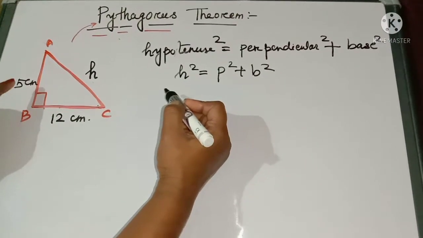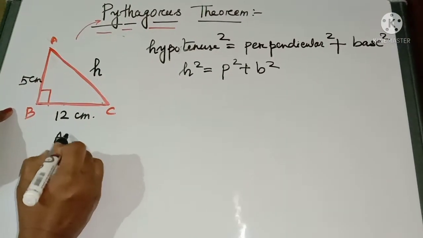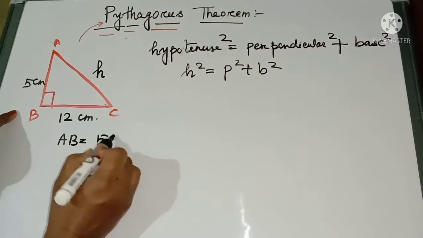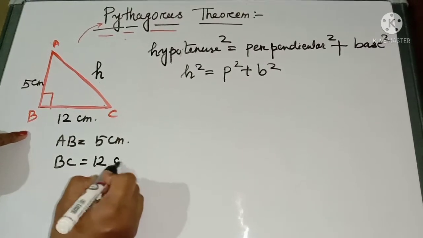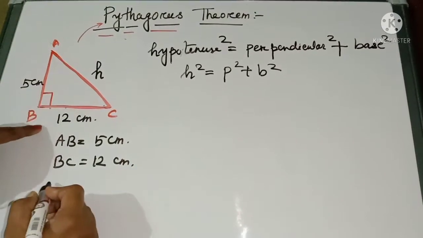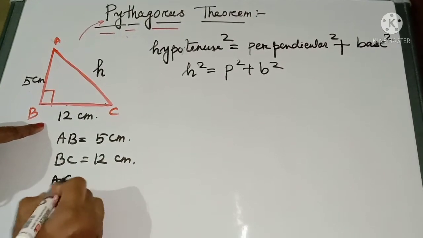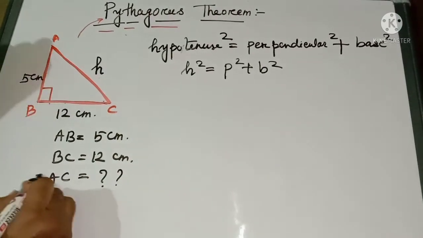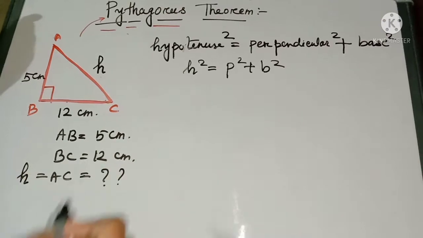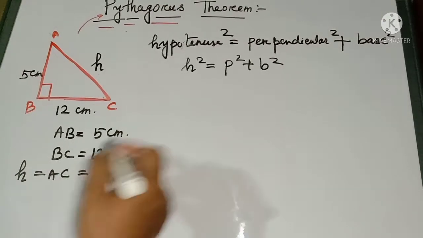So, here AB is given as 5 centimeters, BC equal to 12 centimeters and AC is the hypotenuse. You have to find AC.